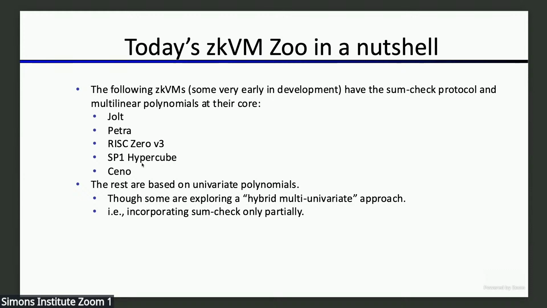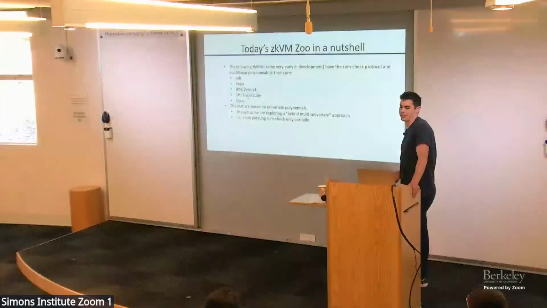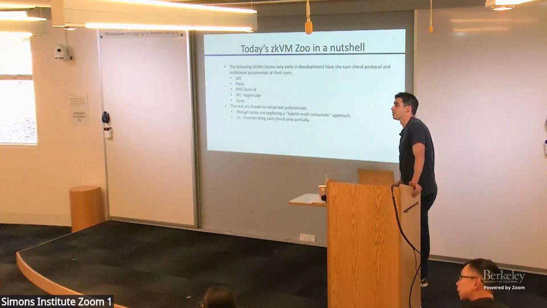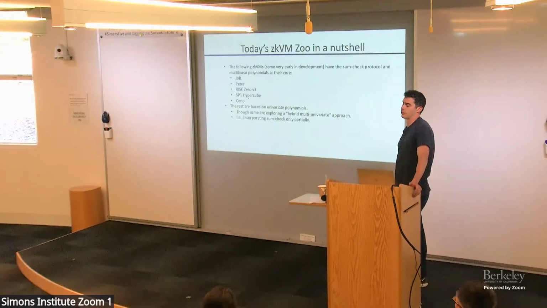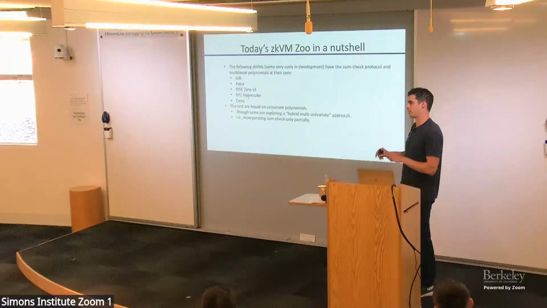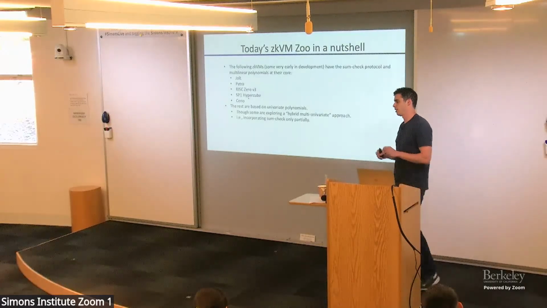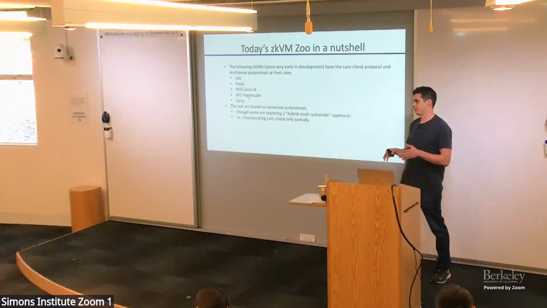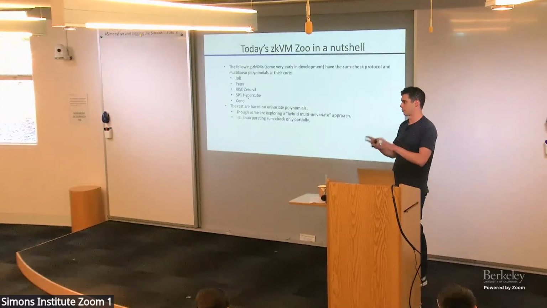Is there any inherent reason why ZKVMs use different techniques than circuit-based approaches? People just have different opinions about what's faster and simpler. Well, the big downside of circuits is that a developer has to sit there and specify the circuit.